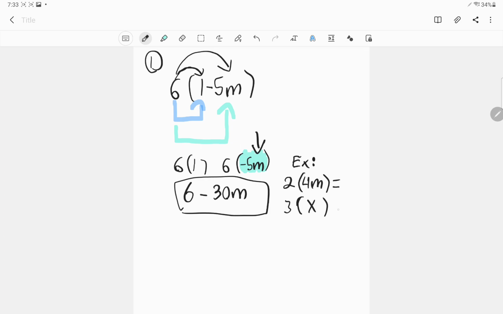Okay, so in both cases, I'm just going to multiply regularly, so 2 times 4 is 8. Then I'm just going to add the m. Then now I'm going to multiply 3 times x.